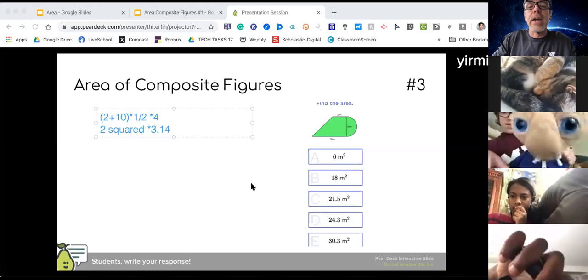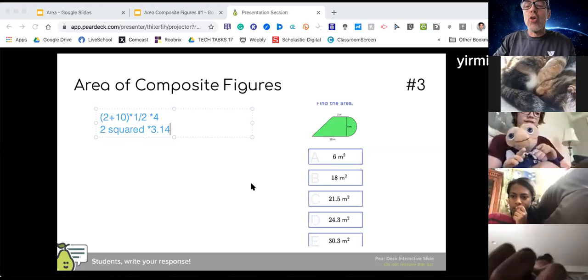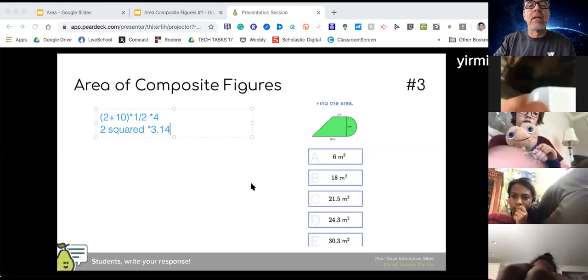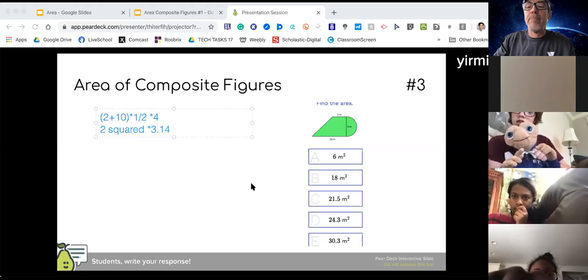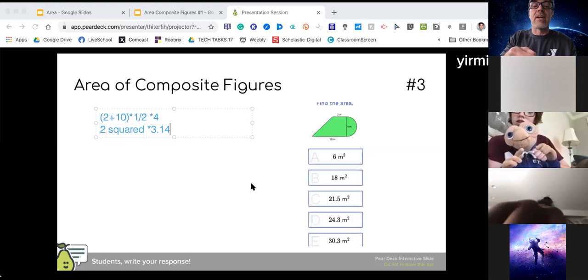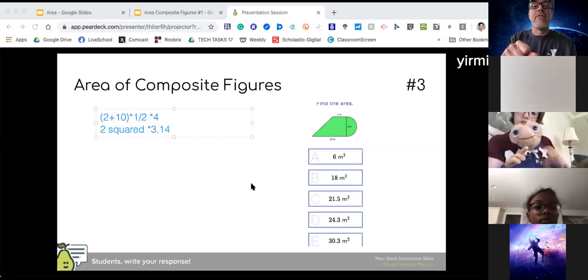All right. If we get cut off, if you haven't sent me your answer, please send it to me, because I think we're about to get cut off. But you would have said 2 plus 10 is 12. Half of that's 6. 6 times 4 is 24. And then you'd add that number, 24, to what you get for the half circle.